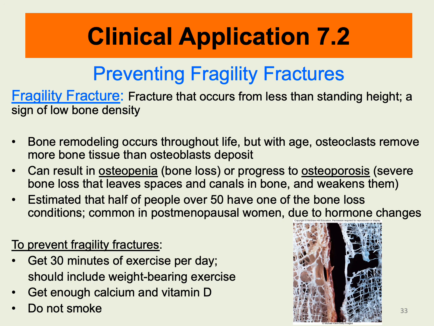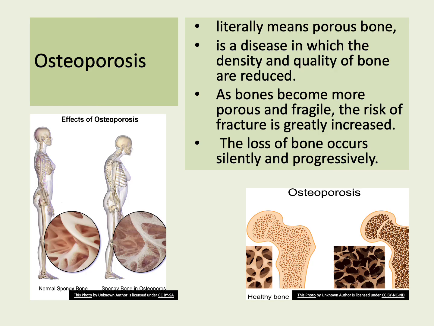It's estimated that half of the people over 50 have one of the bone loss conditions, common in postmenopausal women due to hormone changes because there is not enough estrogen anymore. To prevent fragility fractures, we need to get 30 minutes of exercise per day, including weight-bearing exercises. We need to get enough calcium and vitamin D, and not smoke, because smoking affects the estrogen hormone and thereby increases bone fractures.